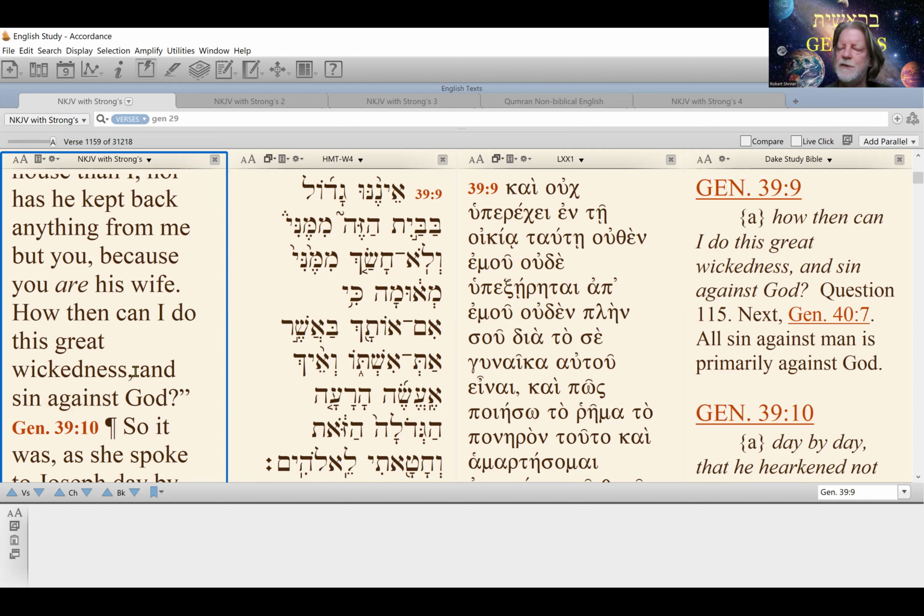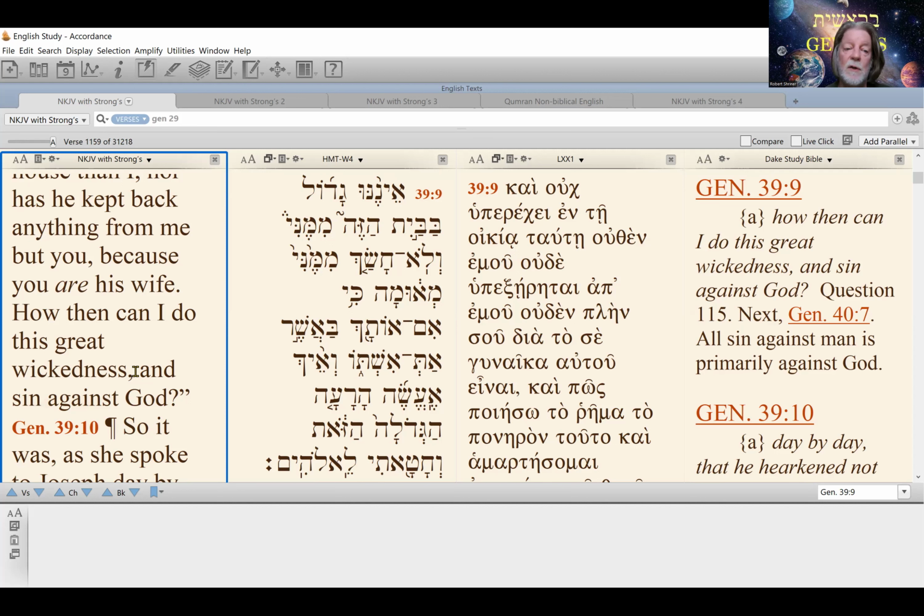Psalm 51 is about David and Bathsheba. It's David's response to that, and it's a confession of his sin. David admits to God that he's committed adultery with Bathsheba and he murdered her husband. But in Psalm 51, he says, against you, you only, O God, have I sinned.